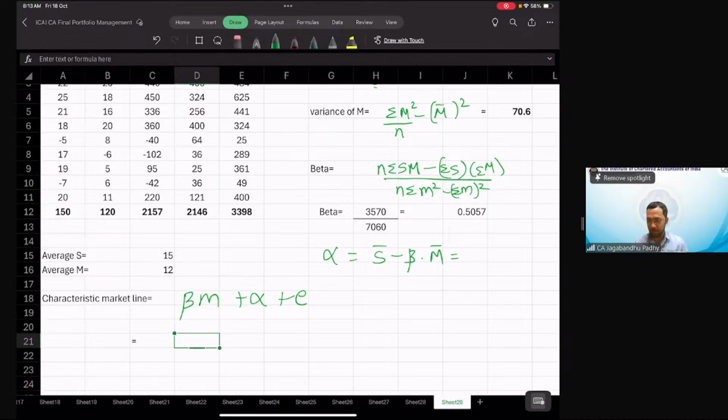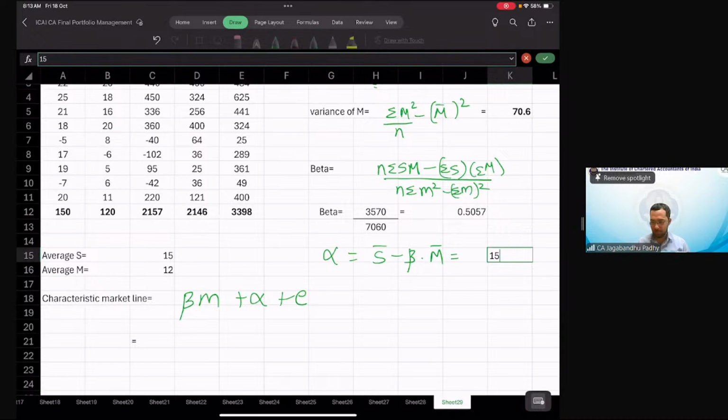So that will be S bar. S bar is basically 15 minus beta into M bar. Beta is 0.5057 multiplied by M bar.